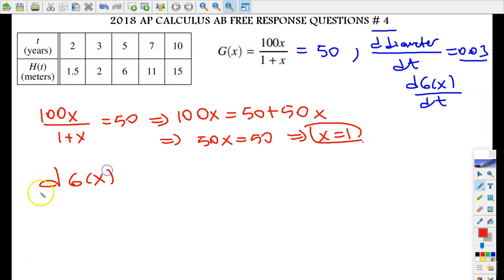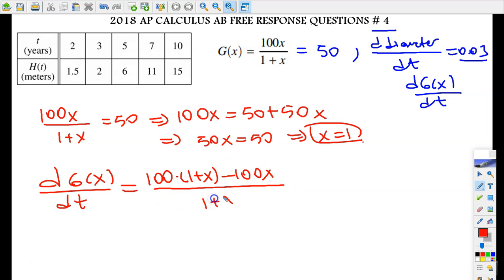dg of x over dt, that's going to be equal to, if I apply the quotient rule, 100 times (1 plus x) minus 100x, divided by (1 plus x) all squared, times dx over dt, since we're taking the derivative with respect to time. Alright, so we know the x value.